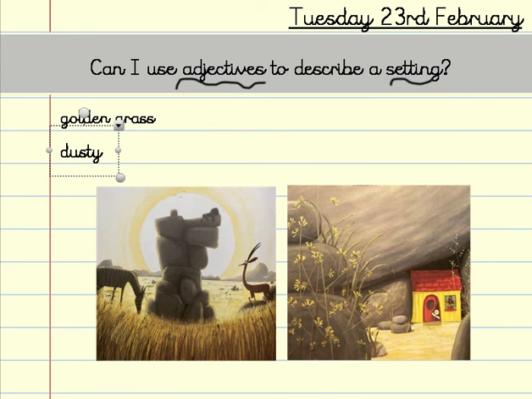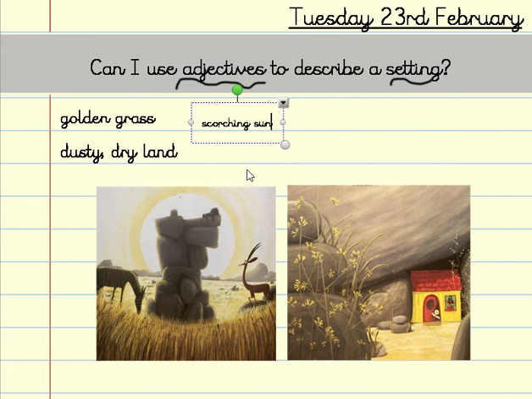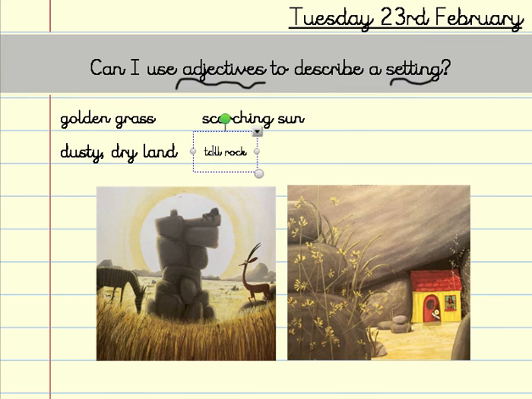What should we say? Dusty, dry, land. What else can we see? We can see the scorching sun. Can you see it? Around here it looks like it's beaming down, doesn't it? The scorching sun. Anything else? Oh, the tall rocks.